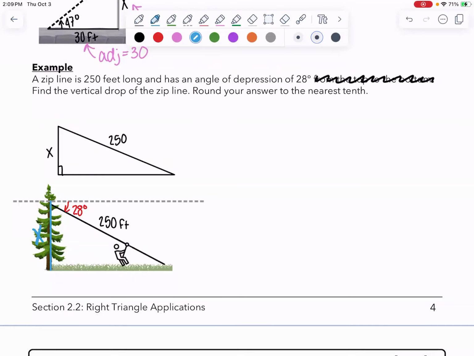This angle right here is a 90-degree angle, which means that if the entire way is 90, then we take out the 28 degrees that's right in here, and we're left with a 62-degree angle. So this is 62. That's one way we could do that.